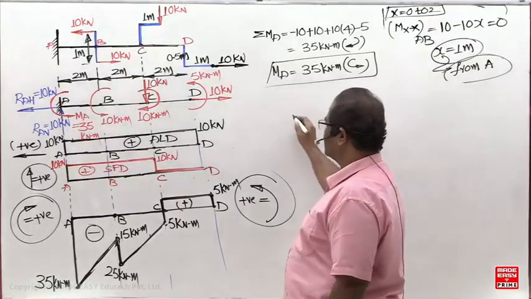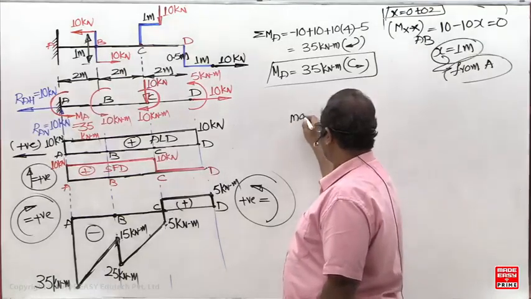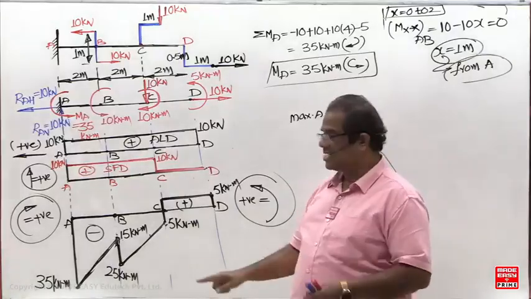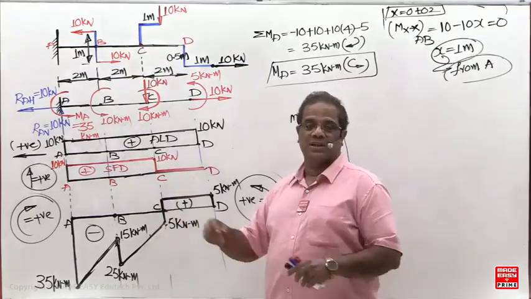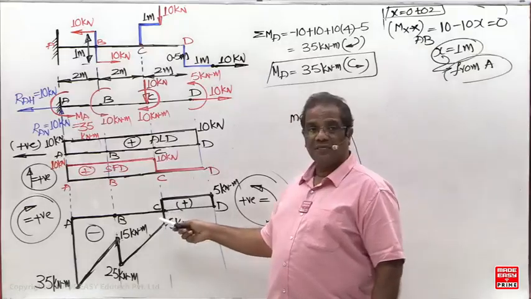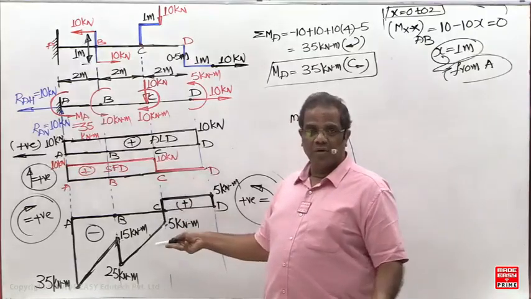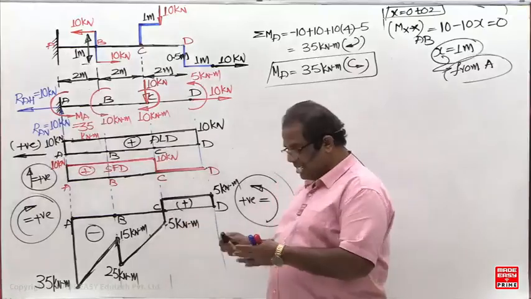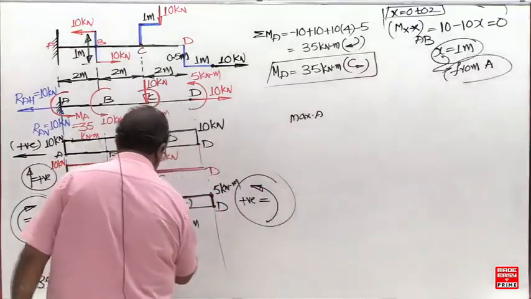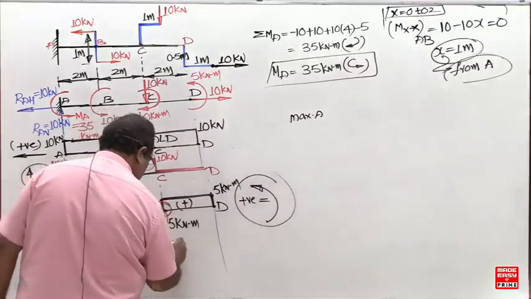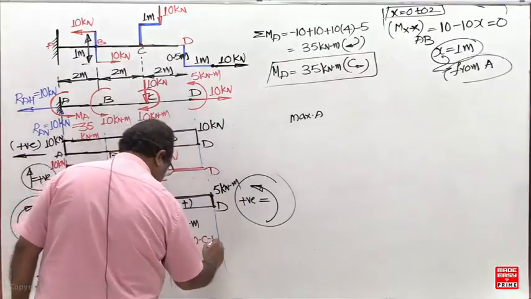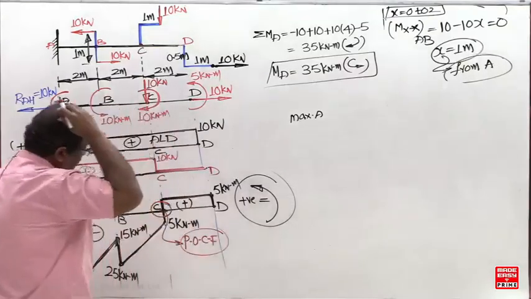So what are the final answers now? Your point of contraflexure exists, and its location is directly known. Which one is the point of contraflexure? C, and its location is known. So you need not find out the location. This is C, the point of contraflexure.